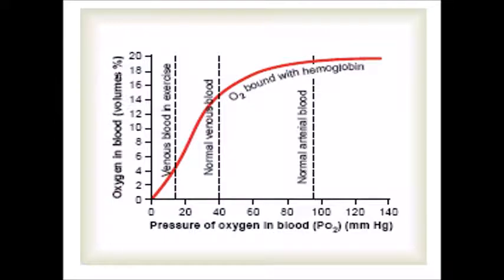And when a person does exercise, the leftmost dotted vertical line shows the venous blood during exercise. Here, the partial pressure of oxygen will decrease to 15 millimeter of mercury, and the volume percentage of oxygen in the blood will become 4.4 ml in 100 ml of blood.